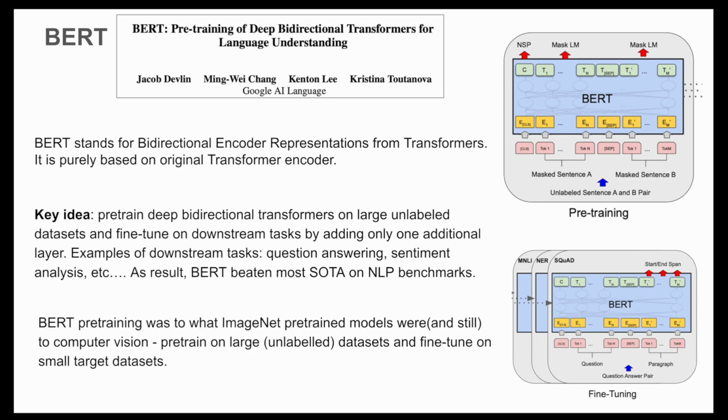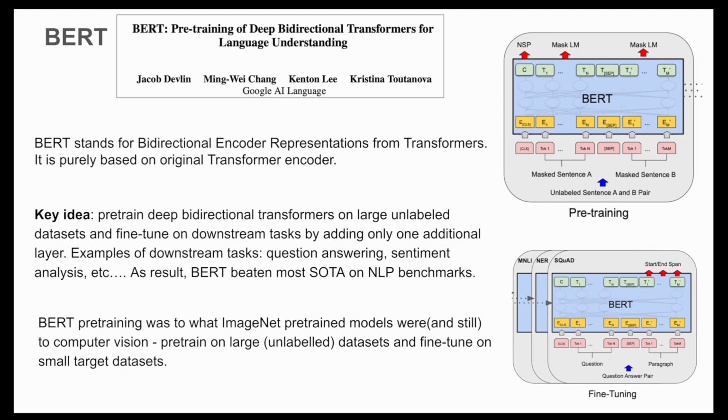So BERT pre-training was to language what ImageNet pre-trained models were, and still are, to computer vision. In computer vision, what people mostly do is take a very large model, let's say ConvNeXt, which is the latest one, or any other models like EfficientNet or ResNet, and then pre-train that model on ImageNet usually, and then fine-tune on smaller datasets.